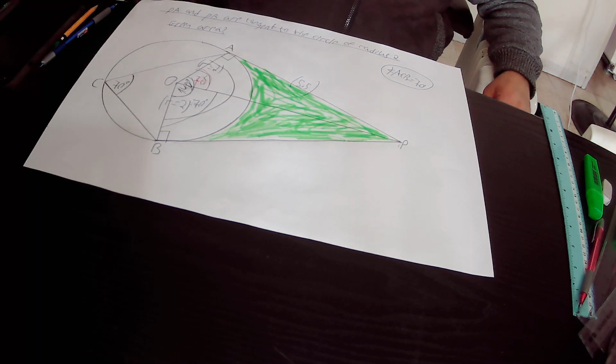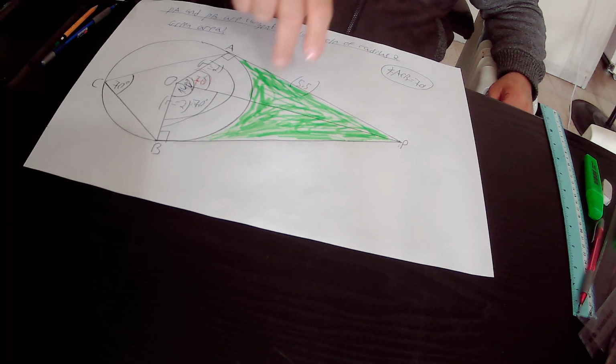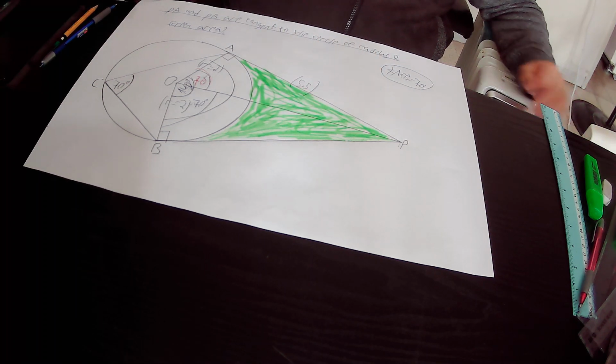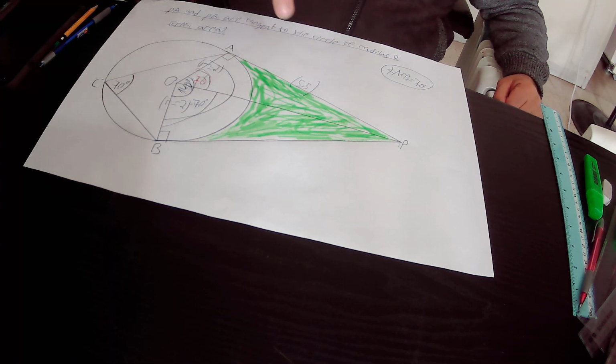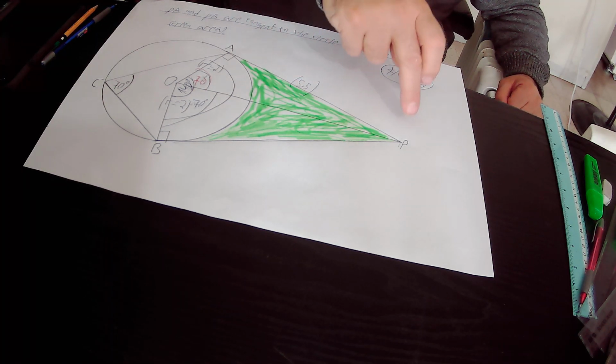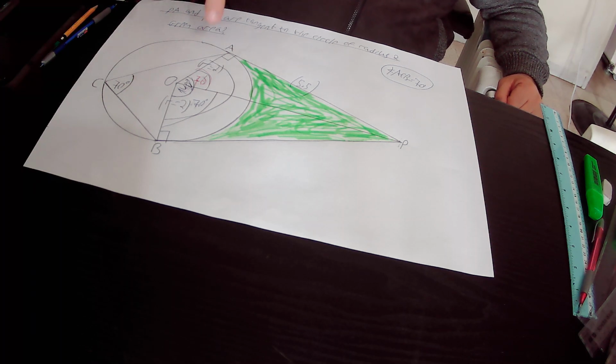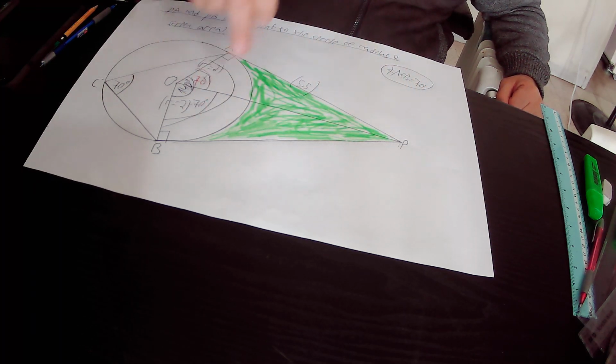I repeat again that our mission is to find the area of this grain shape. So what is the area of this grain shape? From the drawing it is easy to see that the area of this grain shape equals the area of the upper right triangle AOP plus the area of the lower right triangle POB.